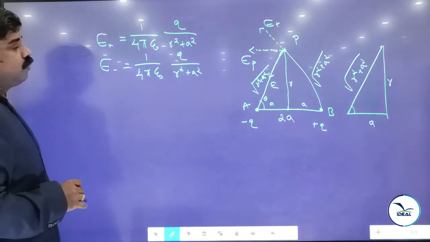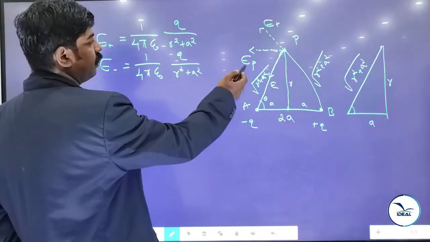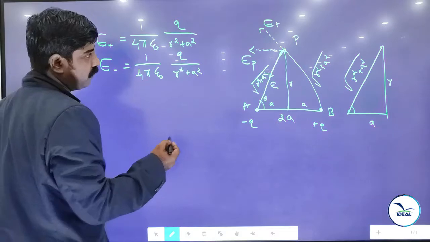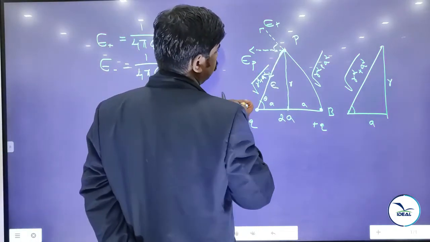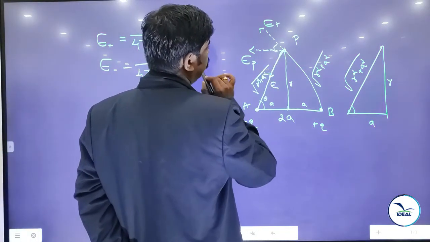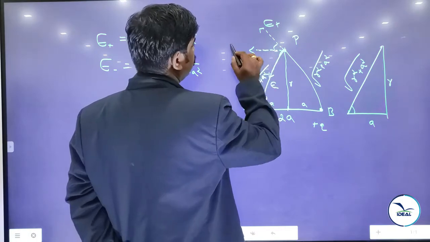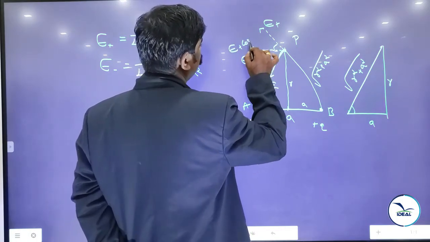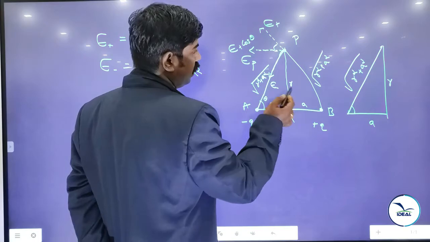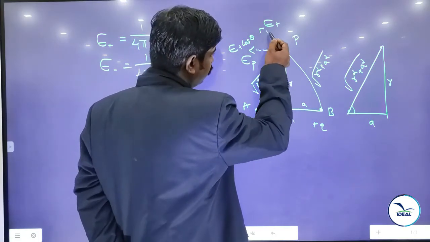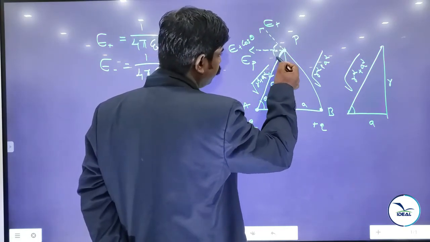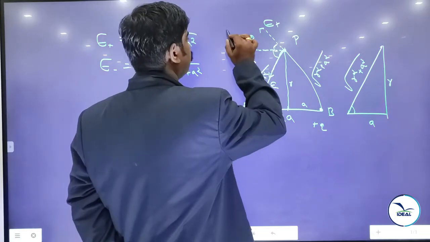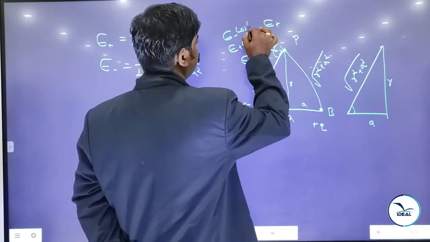Okay. We can consider the total electric field EP. If this angle is theta, EP may be represented as E plus cos theta. And we know that if this angle is theta, this is also theta. Then it is E minus cos theta.